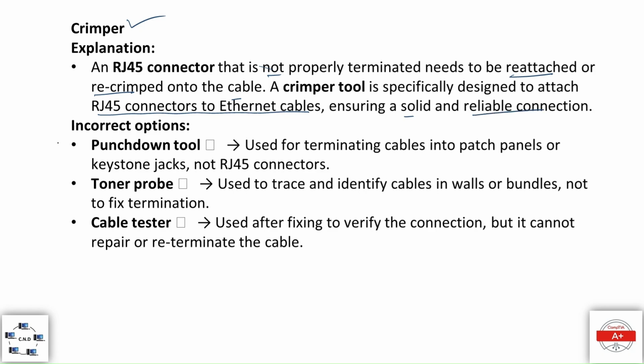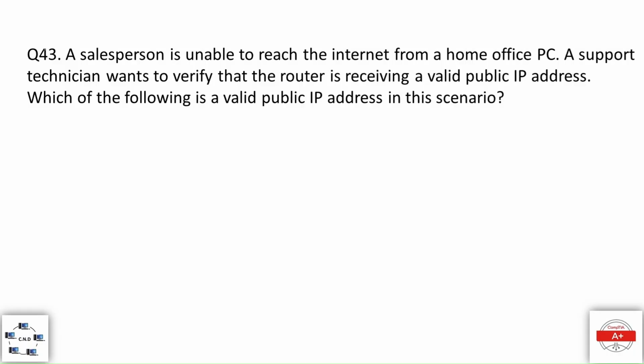The incorrect options: a punch down tool is used for terminating cables into patch panels or keystone jacks, not RJ45 connectors. A toner probe is used to trace and identify cables in walls or bundles, not to fix termination. And a cable tester is used to verify the connection, but it cannot repair or re-terminate the cable.